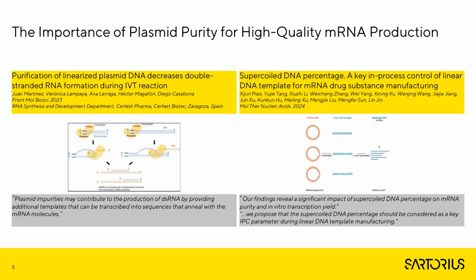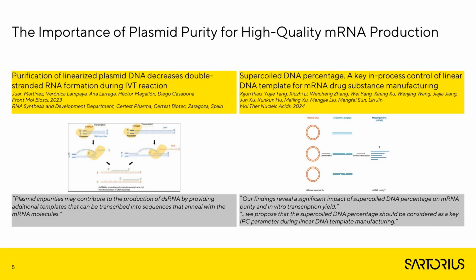There's one paper referenced here that shows how impurities in the plasmid DNA prep were leading to double-stranded RNA formation. Another interesting paper went a step further and actually started to identify that nicks in DNA templates, so-called open circular DNA impurities, of which I'll talk about in a minute, also can give rise to aberrant mRNA production, which can then carry through if we don't apply the right tools down the road.